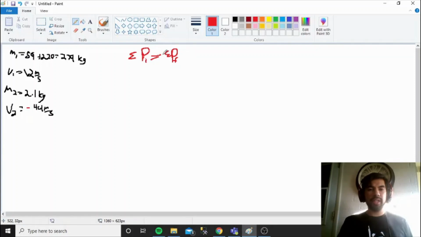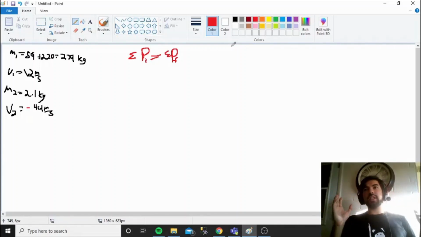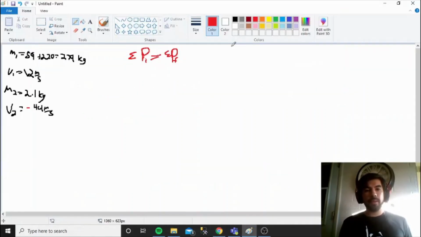That ugly E is called sigma, right? So the initial momentum is equal to the final one. You could memorize the inelastic, the elastic and the explosion stuff, but this is the main idea: the beginning is equal to the end. It's conserved, unless there is some impulse, and then that changes it. But there's no impulse here. It's just momentum conserved.